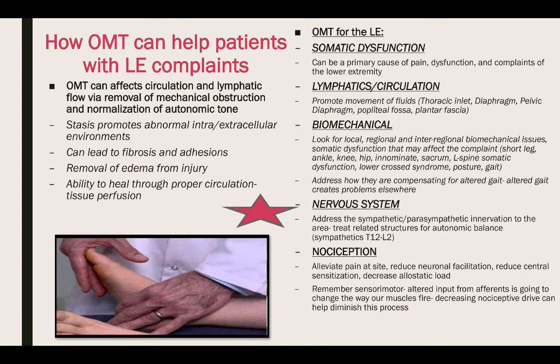So when you have a lot of nociceptive information pouring in from these afferents, it's going to change the way our muscles fire. It's going to set up different firing patterns, and it's going to change the way that we move. And so decreasing this nociceptive drive can help to diminish that process and help to restore normal motion and normal proprioception. So that's why it's so critically important. You're addressing things down the road by treating pain.